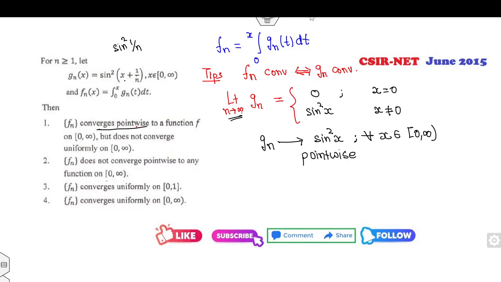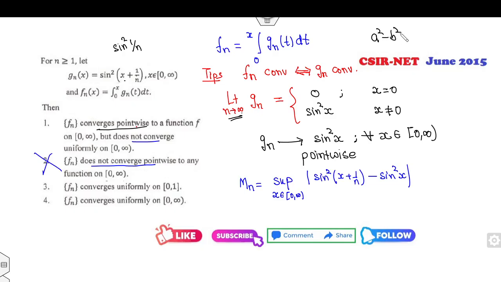The first option converges pointwise, fine, but not uniformly. We will see whether it converges uniformly. Now for uniform convergence, I can calculate Mn, the supremum over all x from 0 to infinity of the absolute value of g_n(x), that is sin square of (x plus 1 over n) minus sin square x. How can you solve that? I can use the formula a square minus b square, that is (a minus b)(a plus b).